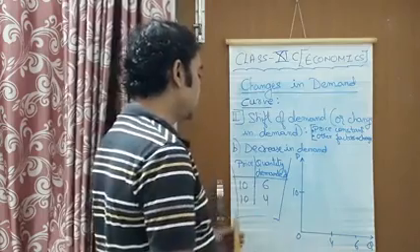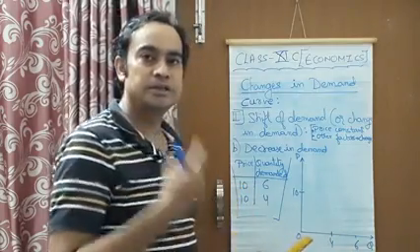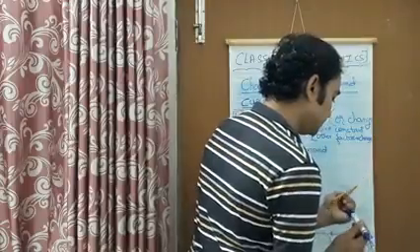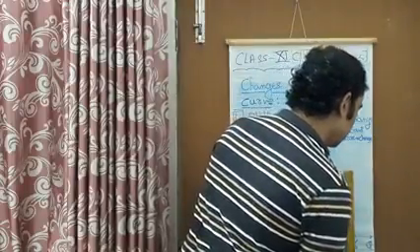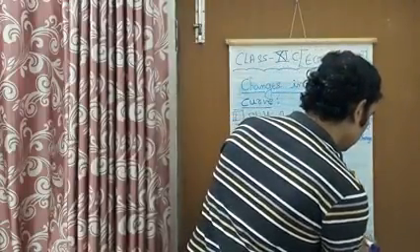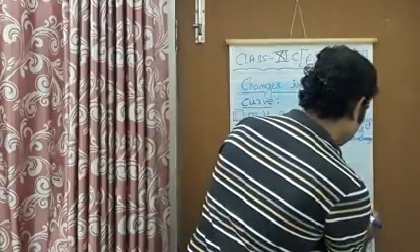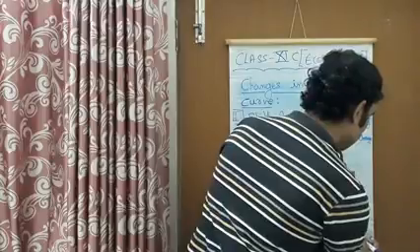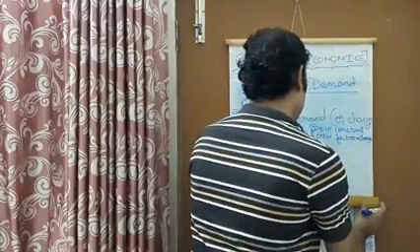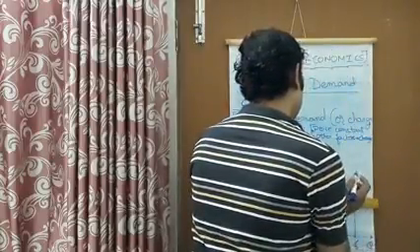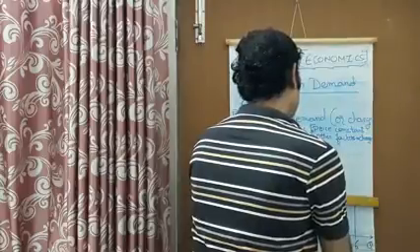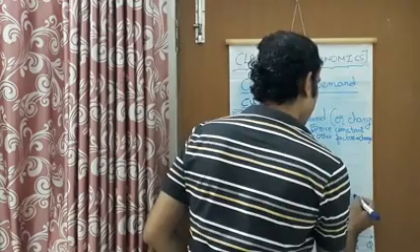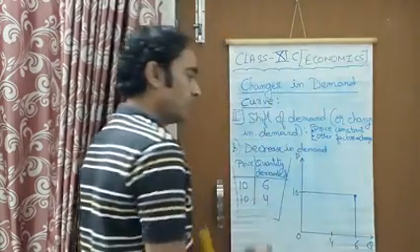At 10 rupees price, the consumer is demanding 6 units of a commodity. So we will make the first point here. Here we get the first point.